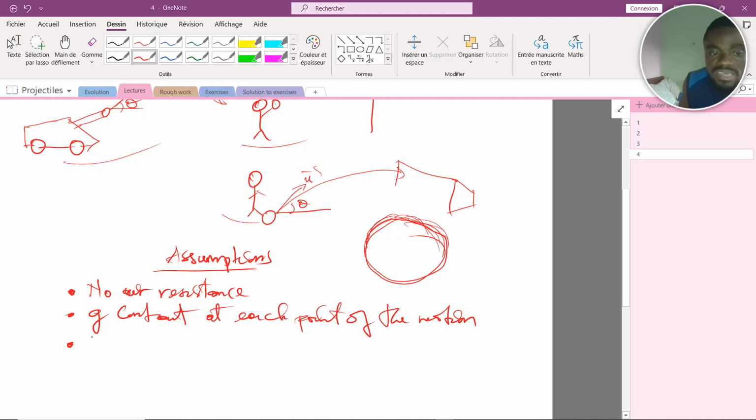We assume that the curvature of the earth does not affect the motion of the particle. So these are the three assumptions that you can usually make when you are studying a projectile motion.